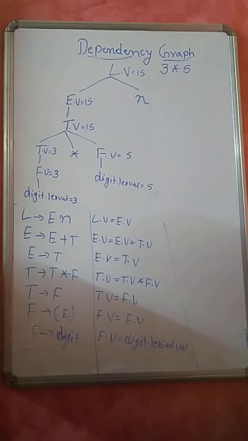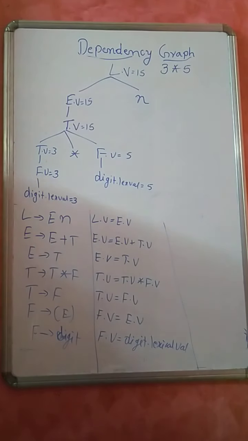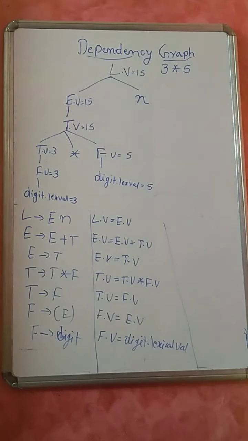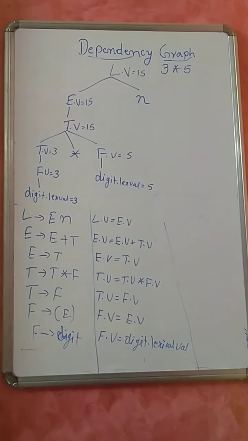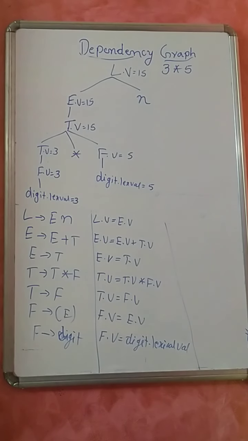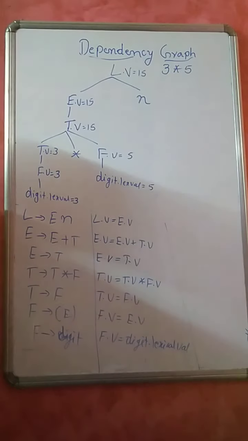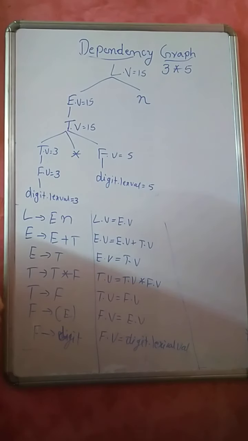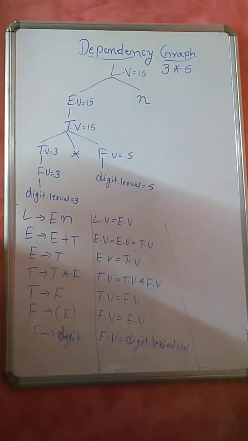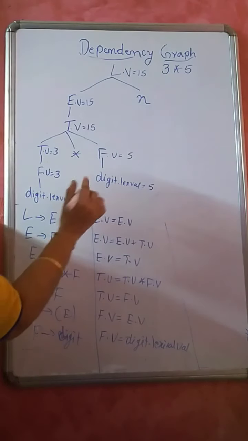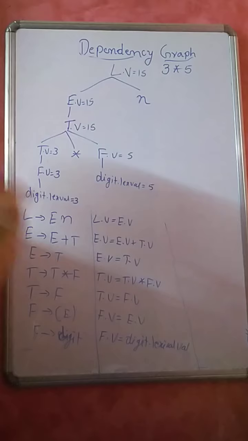Now once I get this annotated parse tree, you can easily construct the dependency graph for this one. As I told you, you need to create a node in the dependency graph for every attribute associated with a non-terminal.